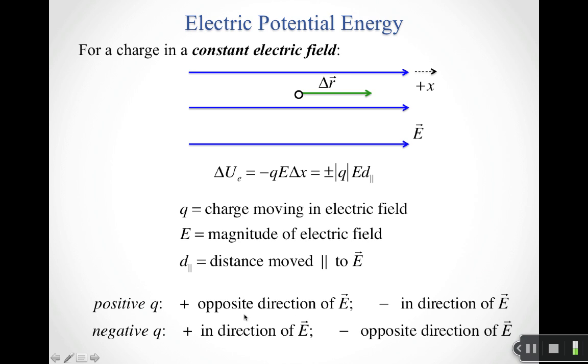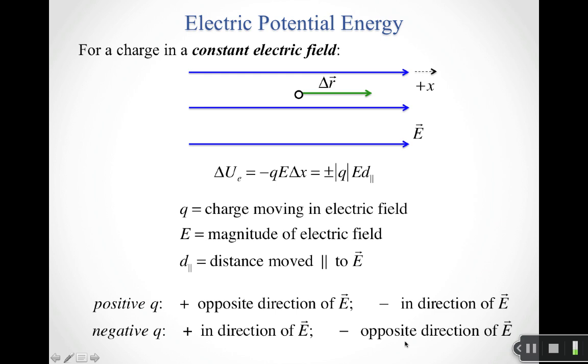Just notice in this case, Q, E, and D are all positively valued, and we're taking care of the sign out front. Which means that if you have a positive charge, you know that you're going to have an increase in potential energy if the positive charge moves opposite the direction of the electric field. So you've got to put the positive sign in there.